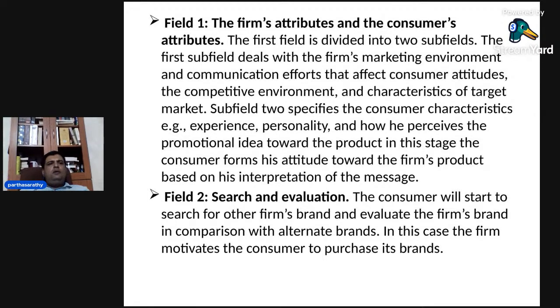Now we move on to field two, search and evaluation. Of course, this is a very common thing we as customers do. We start to search for other firms' brands and evaluate the firm's brand in comparison with the alternate brand.